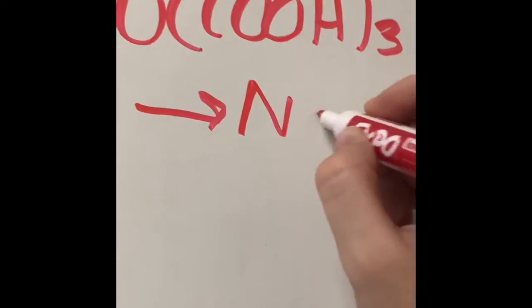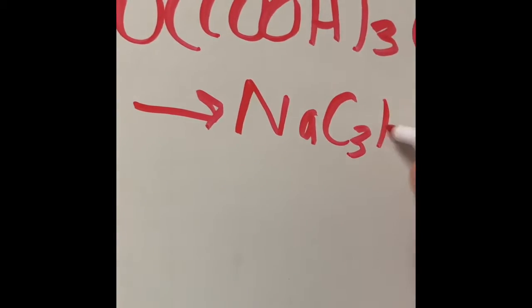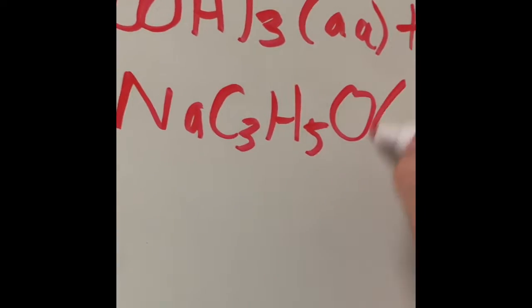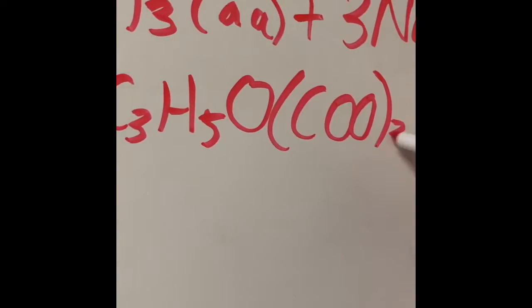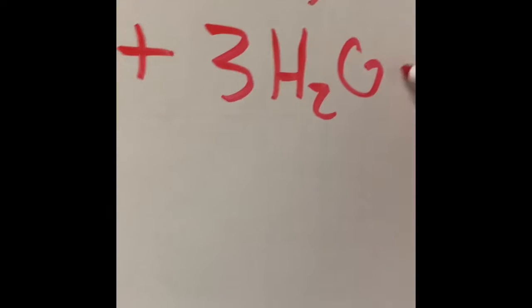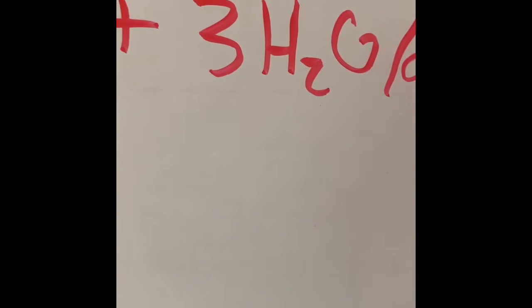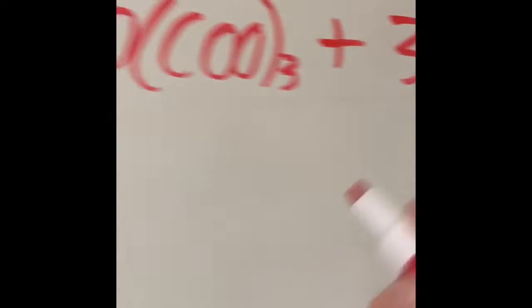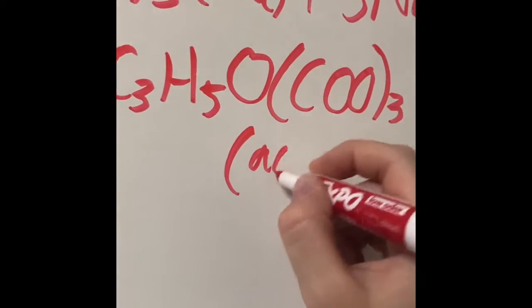Sodium citrate is Na3C3H5O(COO)3, and then there's 3 water, which is H2O, and that is liquid. And the sodium citrate is aqueous.